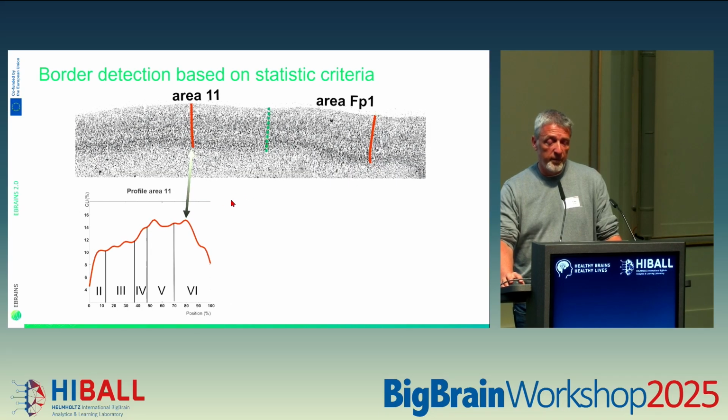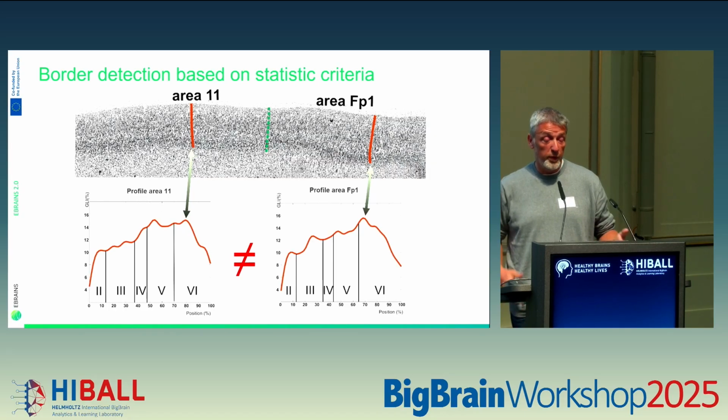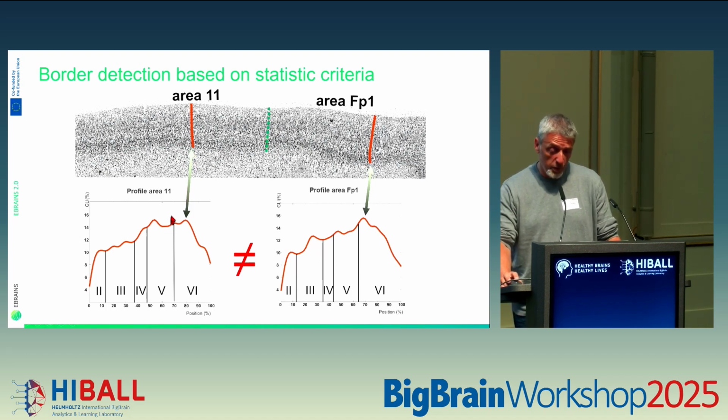And therefore, we use methods to quantify borders and to quantify differences between areas. This is done by defining line profiles from the outer surface to the inner surface of the cortical ribbon. Those line profiles correlate with the microstructure of the underlying cortical region.